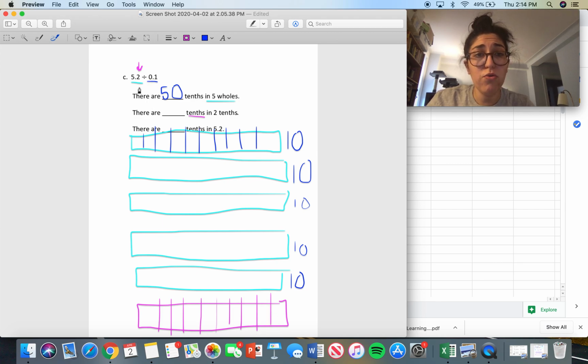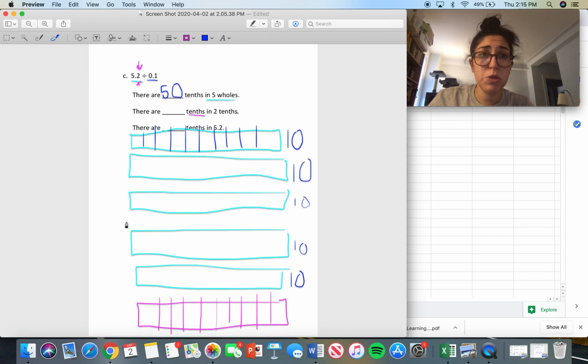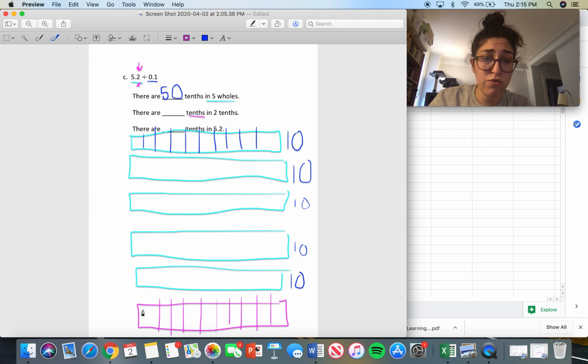But since it's only asking, I already did, in the light blue, my 5. Now I'm looking at this 0.2, which is only 2 pieces of this. So it's only 1, 2. So how many more tenths are there? Well, it's only 2 tenths because the whole thing is still made out of 10 tenths, but I'm only caring about 2 of them.